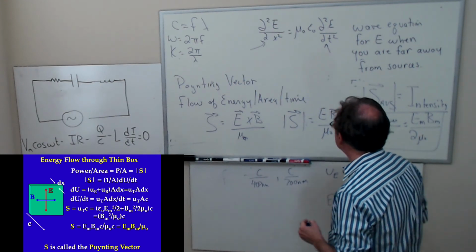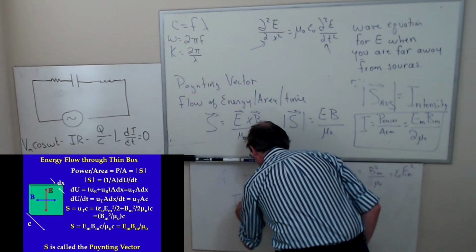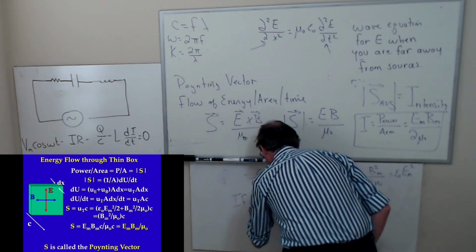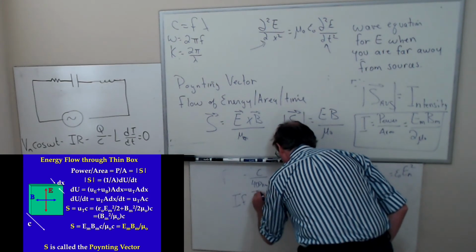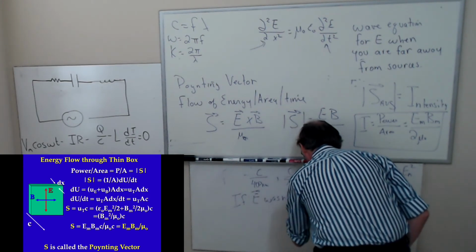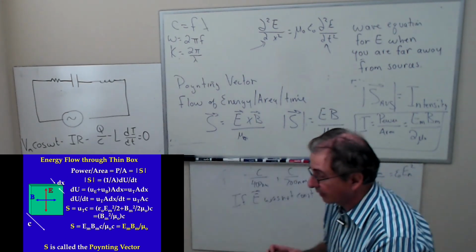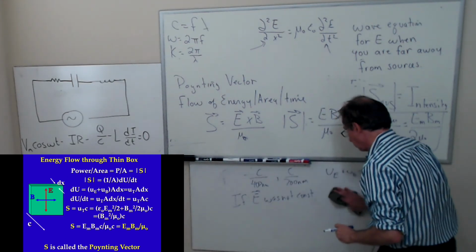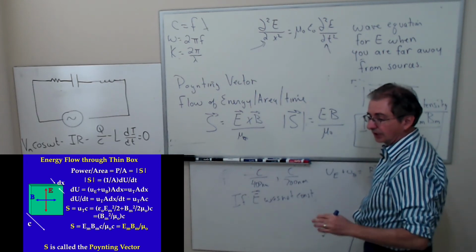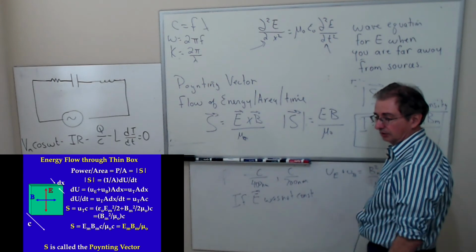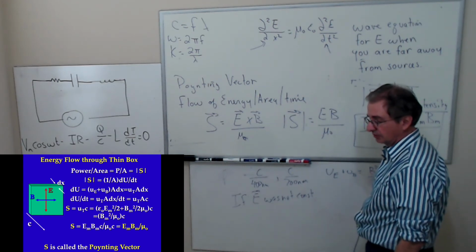Or how would I get du dt? If E was not constant, in other words, it varied over the surface, then I'd have to integrate over that surface.